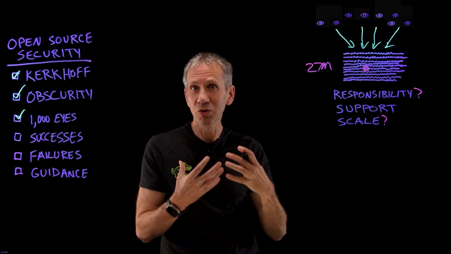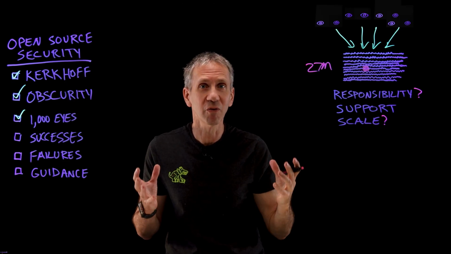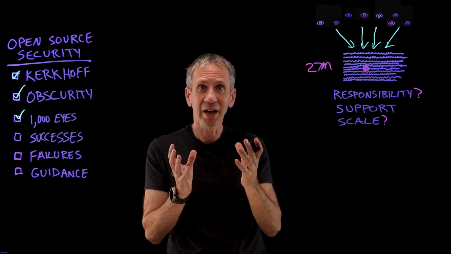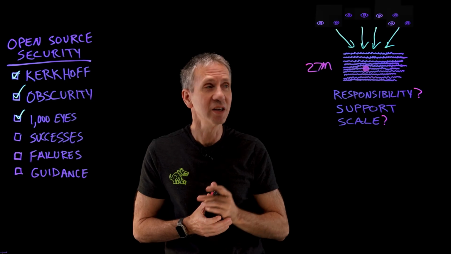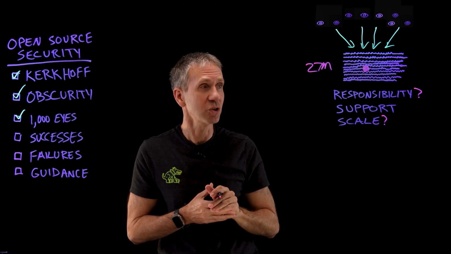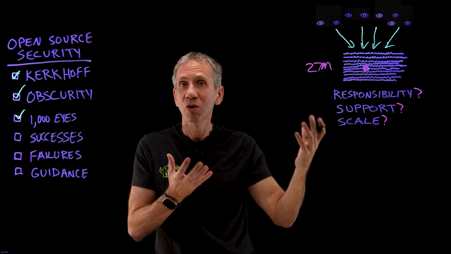A lot of people use open source, but not everyone contributes to open source, and not everyone is looking for vulnerabilities in open source. So it's a subset of that community that actually is trained and understands what to be looking for in the first place and feels a personal responsibility to go off and do that level of inspection. And then support. If we do find, who is going to fix it?